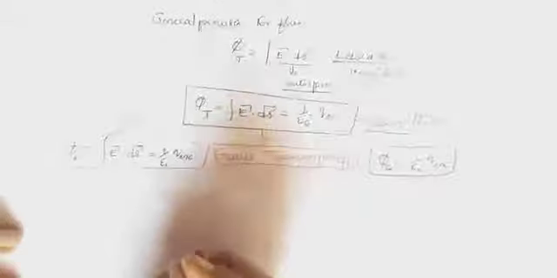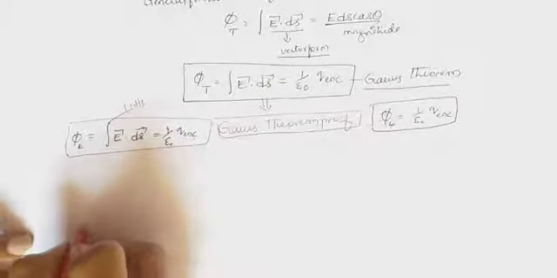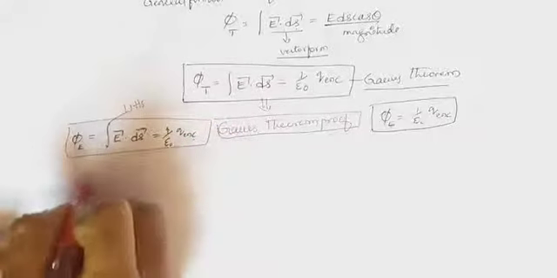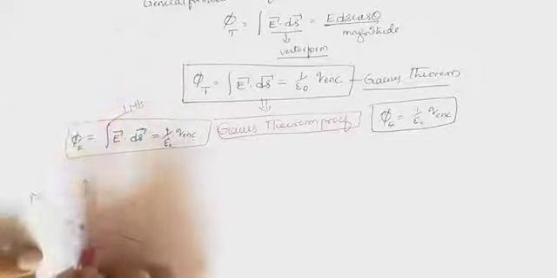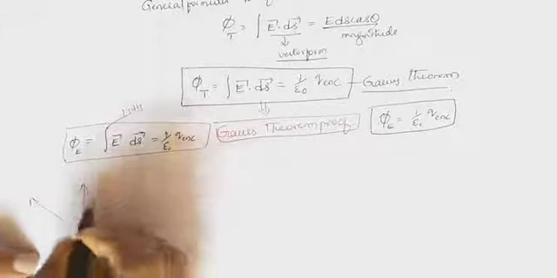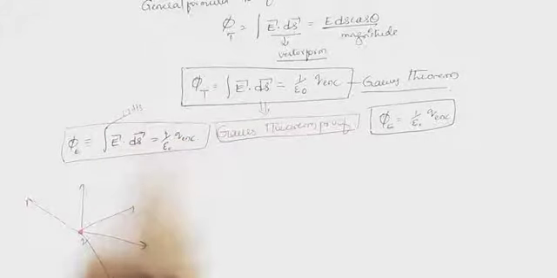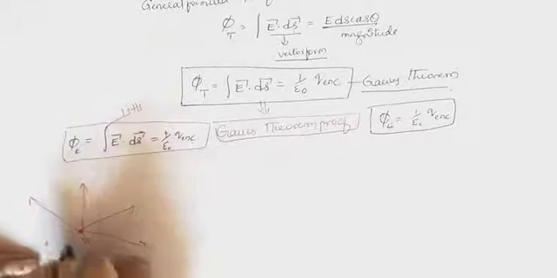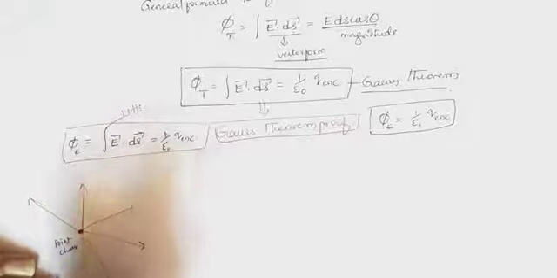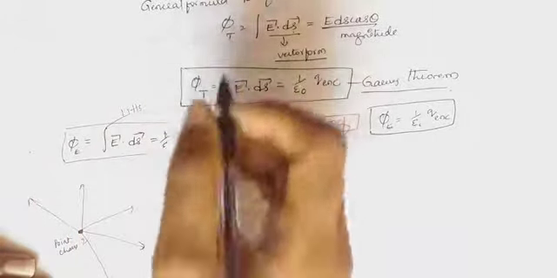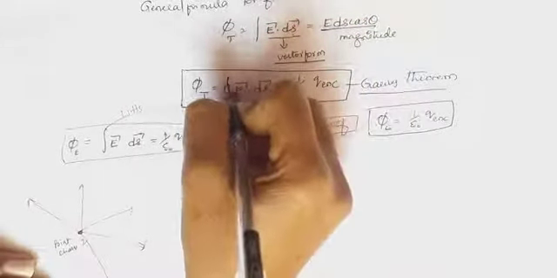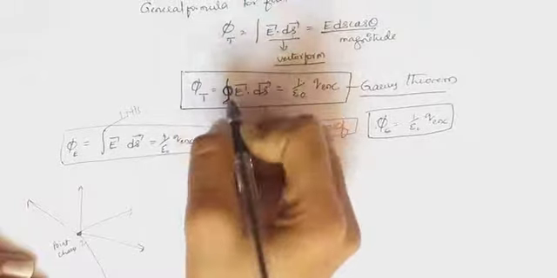For this, let us consider a charge here. This is my charge Q, and the electric field is like this; this is the field due to the charge. Now I am placing a closed surface here. Because we are placing a closed surface inside the field, we have to take the integration over the closed surface.